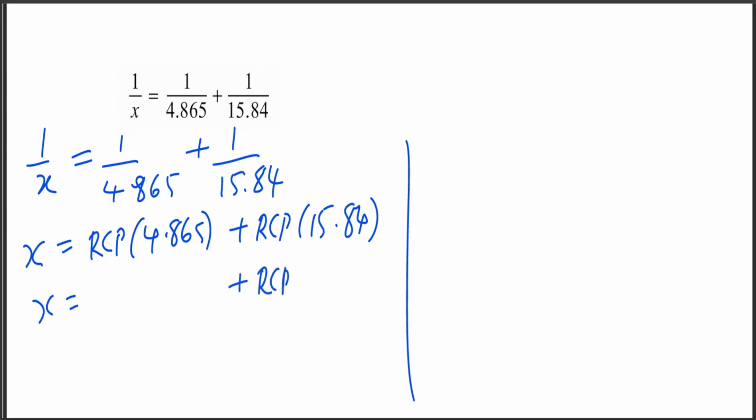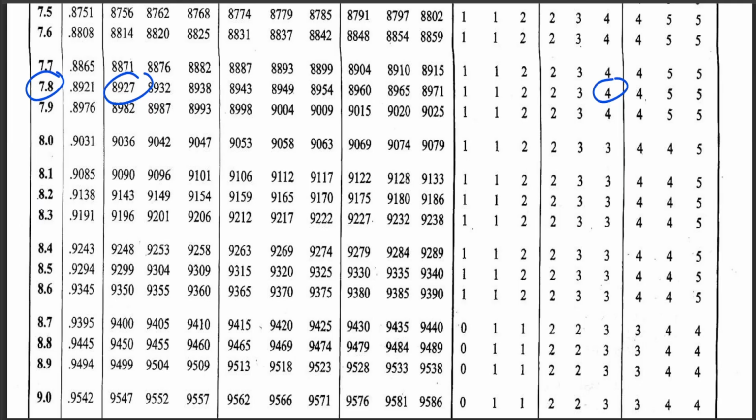Reciprocal of 15.84 also in terms of standard form is written 1.584 times 10 power 1. So we will look for its reciprocal too. So the reciprocal of 4.865. So let us now look at the reciprocal of 4.865.